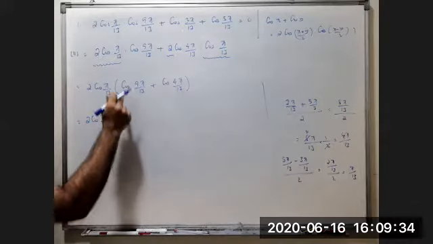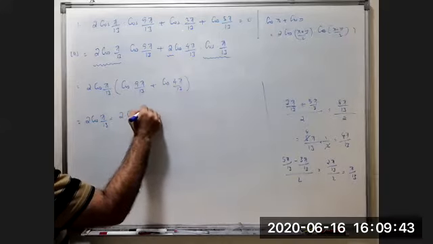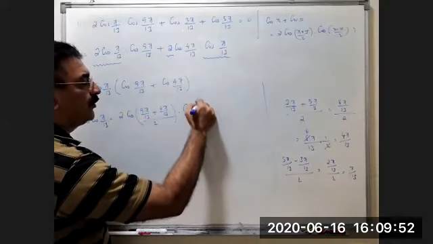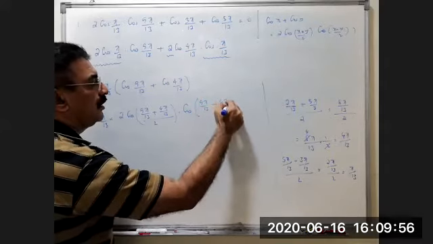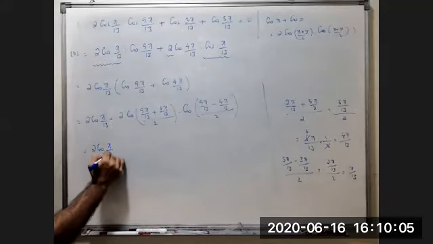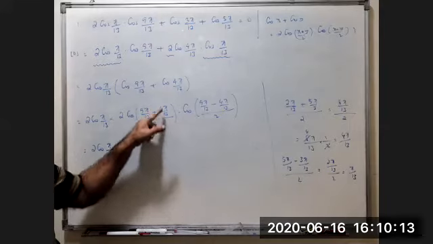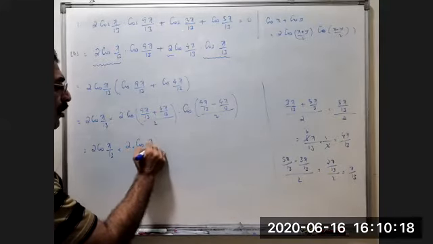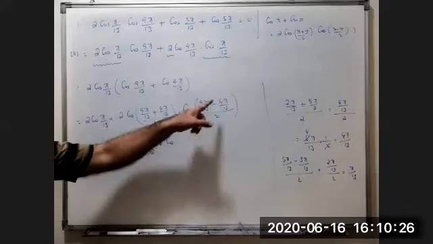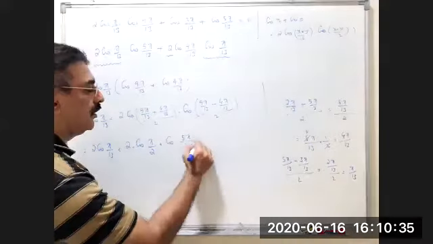Again use cos x plus cos y, which is 2 cos of (9 pi by 30 plus 4 pi by 30) by 2 into cos of (9 pi by 30 minus 4 pi by 30) by 2. 9 plus 4 is 13, so 13 pi by 30 times 1 by 2, and 9 minus 4 is 5, so 5 pi by 30 times 1 by 2.